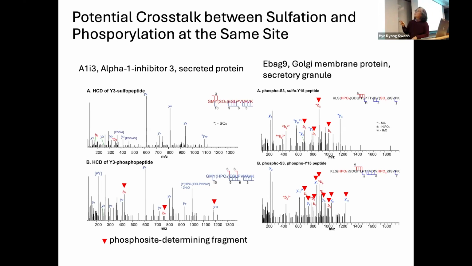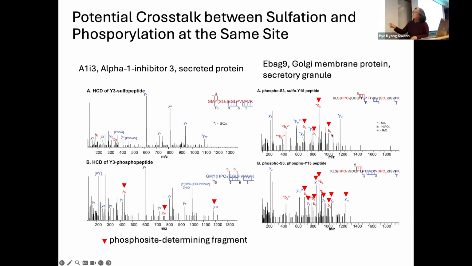Another interesting example is the EBAC9 peptide here. This peptide has one phosphorylation and one sulfation in a single peptide. The phosphorylation site can be localized by these phosphate-retaining fragments, but the sulfation site is lost.